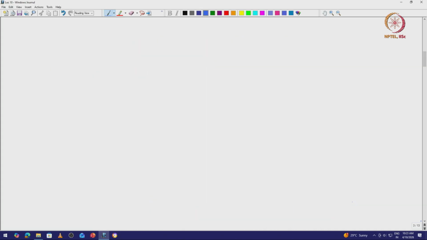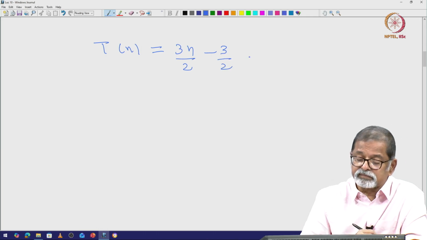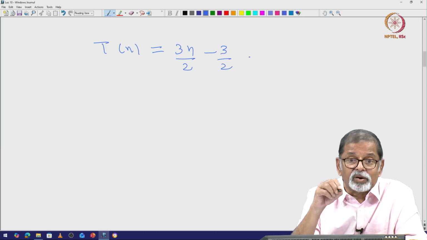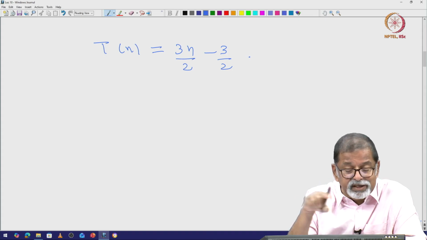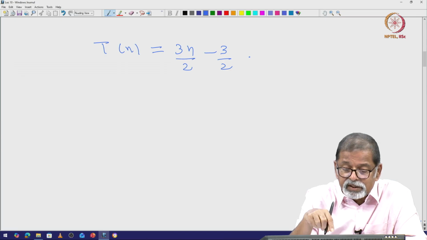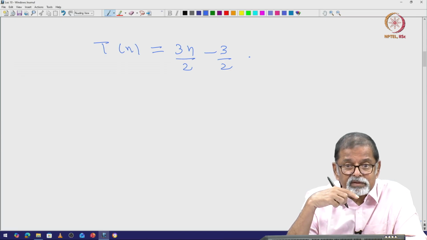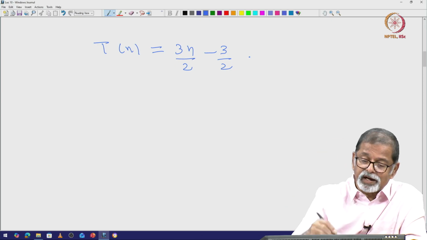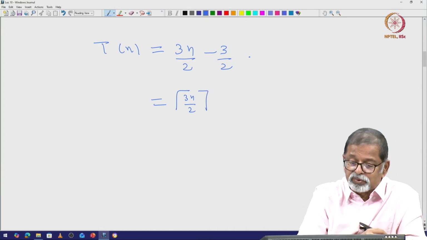So T of n is 3n by 2 minus 3 by 2. N is odd, so 3n is an odd number. So 3n by 2 minus 2, when you take the upper integral part, it will add half to it.